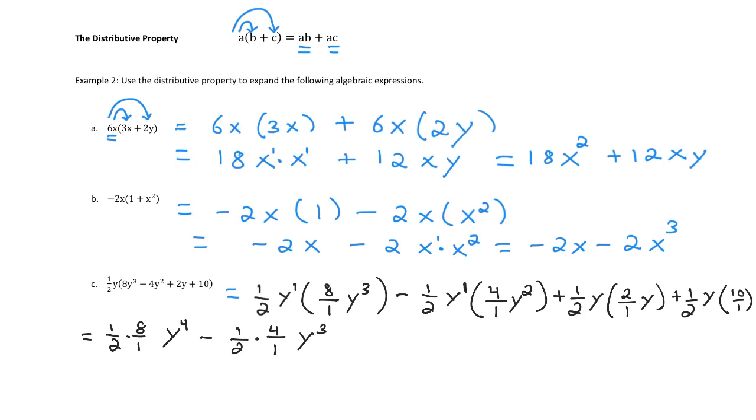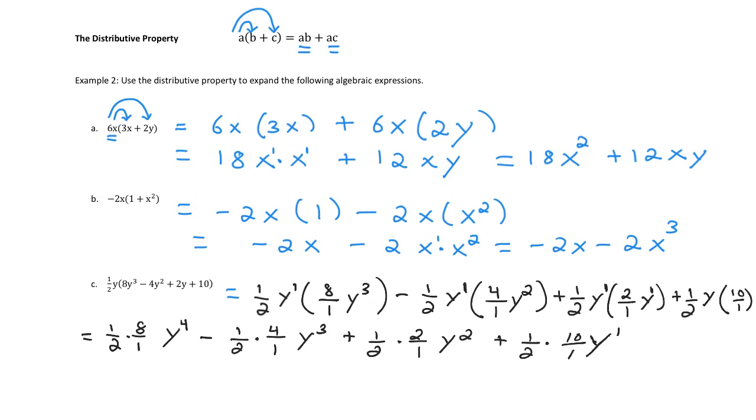Okay, next I have plus 1/2 times 2 over 1, and that's a y to the first times a y to the first. That gives me y squared. And then for the last piece, there is a 1/2 times 10 over 1, and there's just the y at the very end, that y to the first.